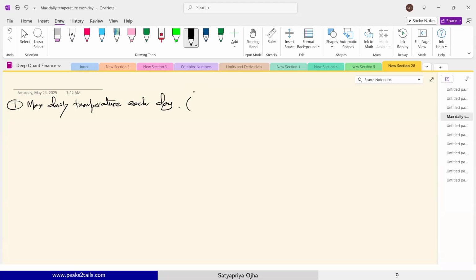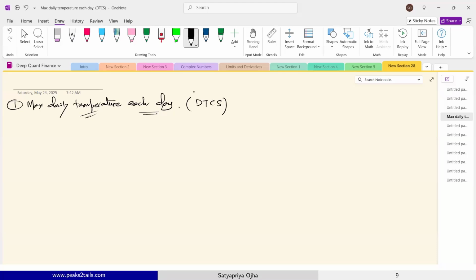Can you tell me the time domain? Participate fast. So, DTCS. Okay, great. Time domain is discrete because it is every day. And since it is temperature, yeah, it's continuous space.